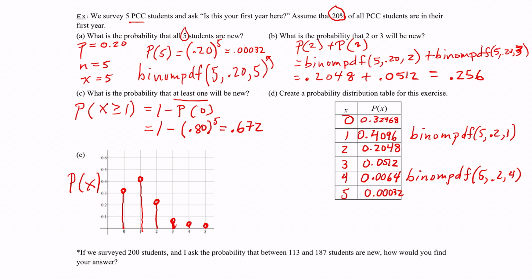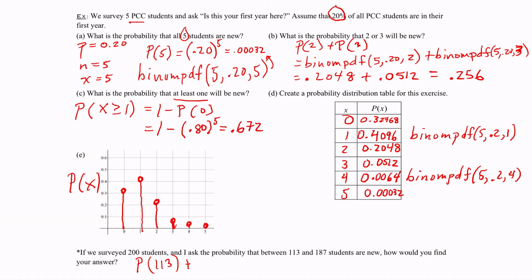In the next question, they ask, if we surveyed 200 students and I asked the probability that between 113 and 187 students are new, how would you find your answers? In this case, this would be a lot of work to compute by hand or using the PDF formula, because this would involve doing each of these separately.